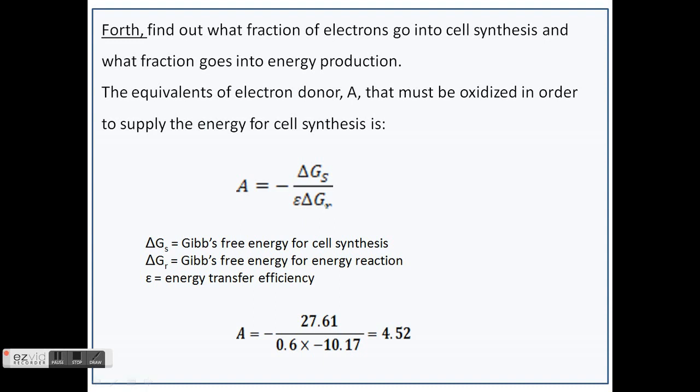So not the half reaction, the combined reaction. And this E is our efficiency term. So put in those values, and then we have the equivalence of electron donor needed to be oxidized.